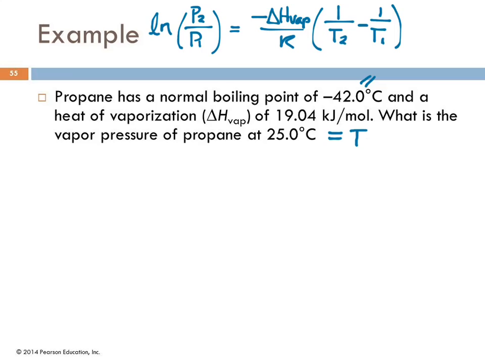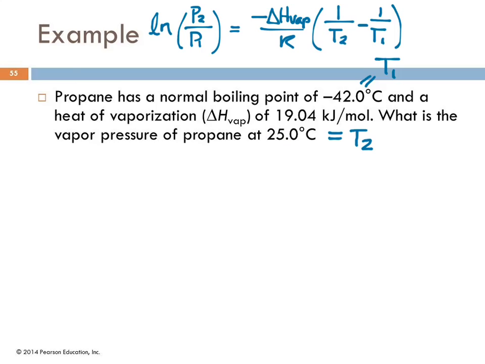I say 2 and I write 1. Just, we're going to call that one T2. We're going to call the other one T1. Blue on blue is real easy to see that. And here's our heat of vaporization.